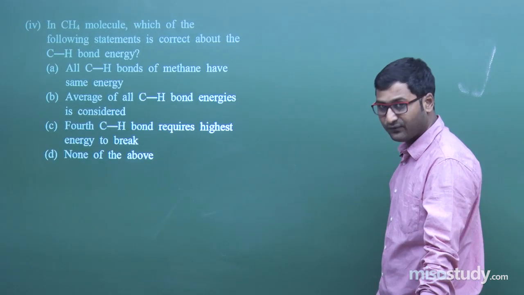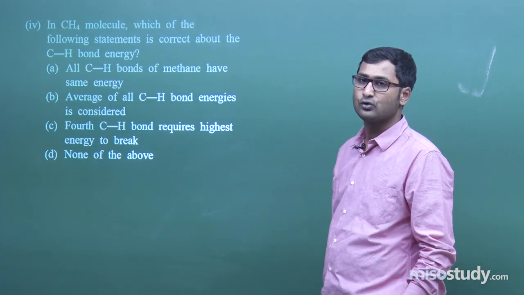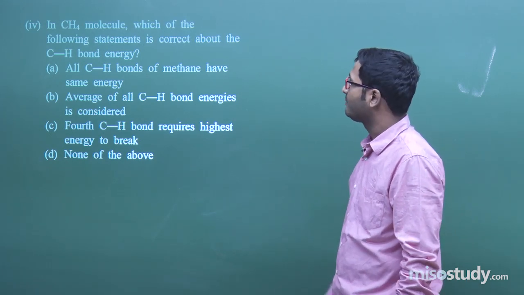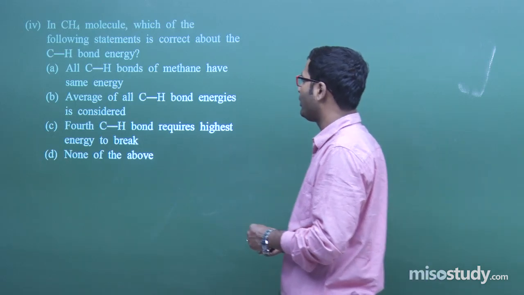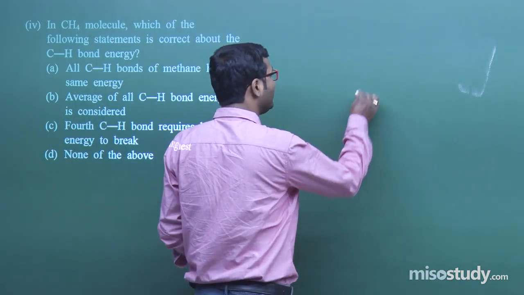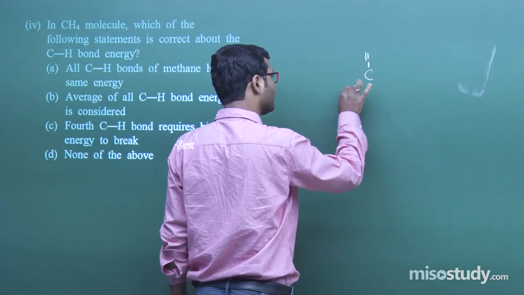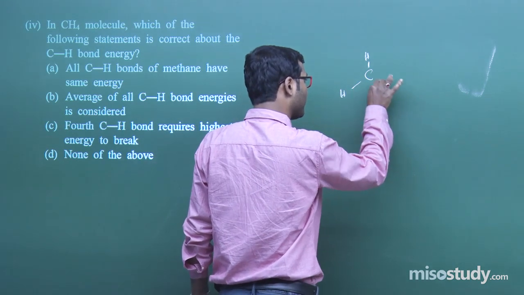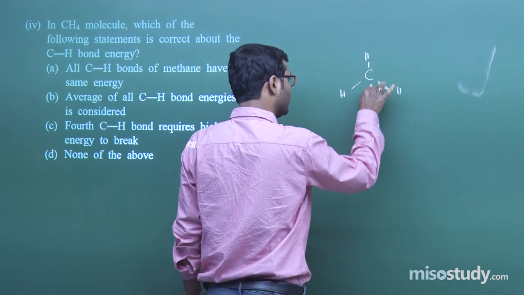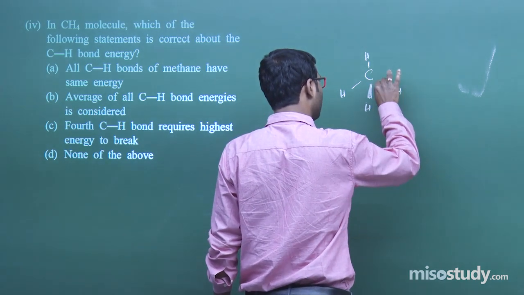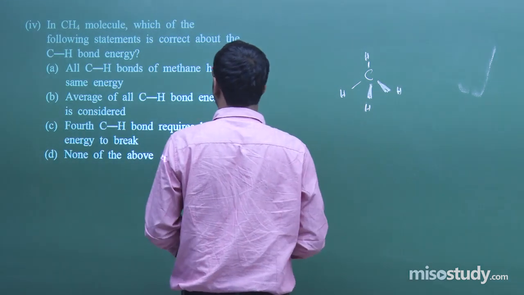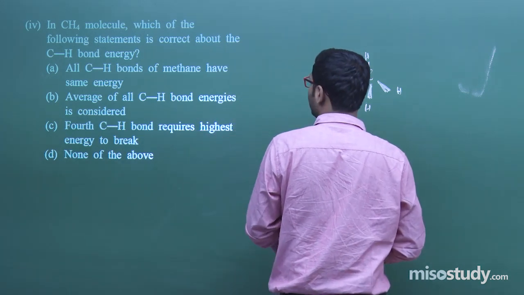Now in CH4 molecules, which of the following statements is correct about the CH bond energy? Do all CH bonds of methane have the same energy? No. In CH4, what do we observe? We observe that all CH bonds of methane do not have the same energy.